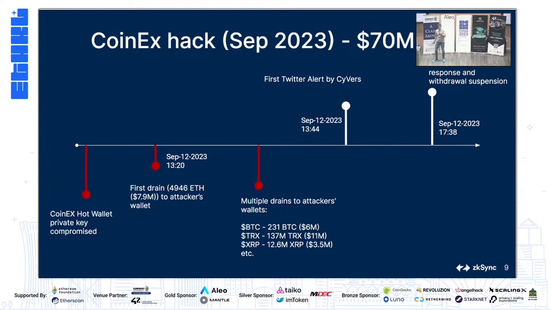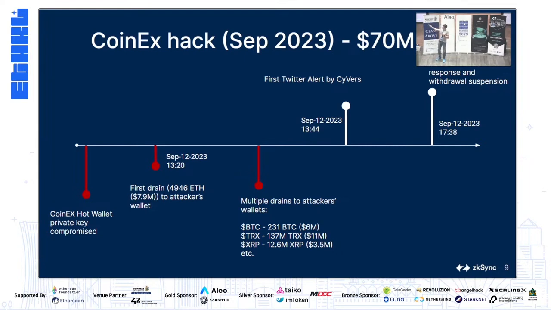CoinEx is a crypto exchange, and this hack started from a private key compromise. The first drain of around 5,000 ETH was done in the middle of the day. All timestamps will be in the UTC time zone, so if you read some articles on the internet, the times might differ from my presentation.